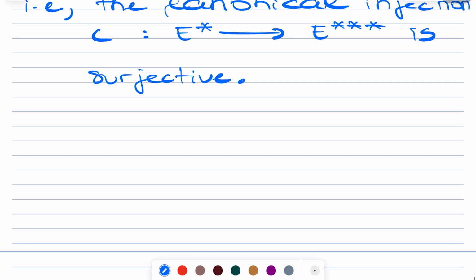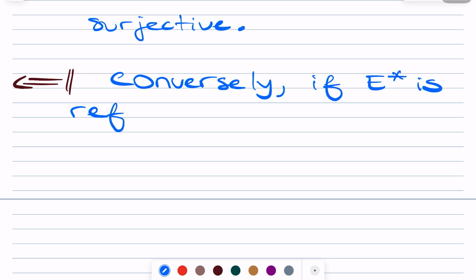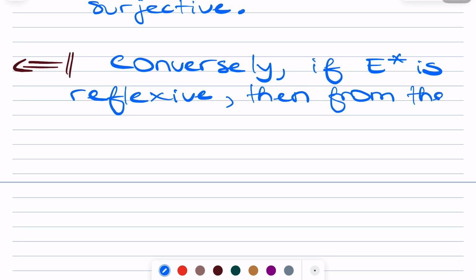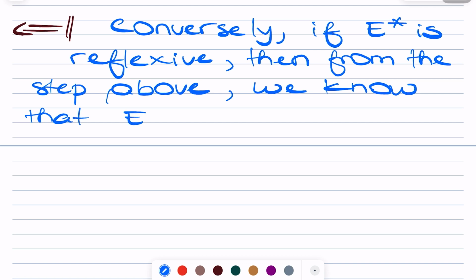Now the reverse implication. So conversely, if the dual space is reflexive, then from the first implication, from the step above, we know that the bidual is reflexive.